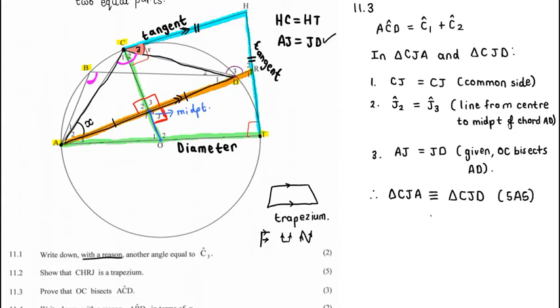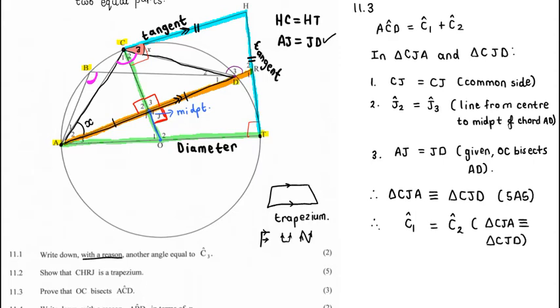Now because these two triangles are congruent, it therefore means that angle C1 is equal to angle C2, and the reason for this is the actual congruency. Please do not leave out this step. You can also write the reason as congruent triangles, you can do that as well, but you have to write some sort of a reason as to why that is the case.